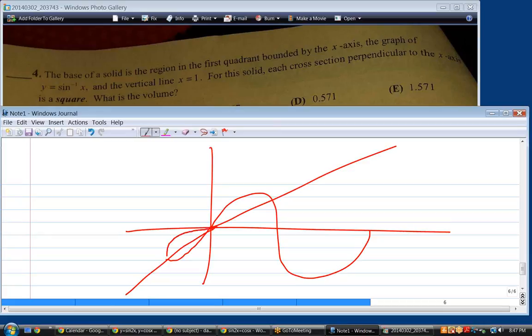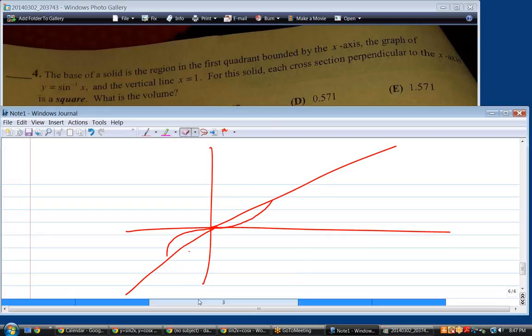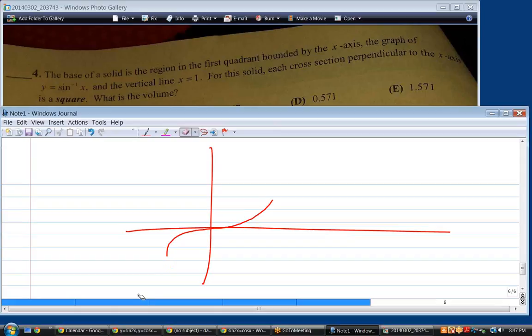Yeah, so it looks like that. That's the curve, inverse sine. And the vertical line x equal 1, we'll assume that's somewhere there.